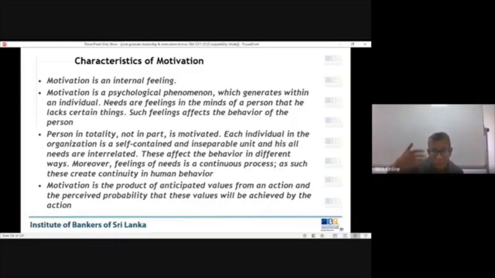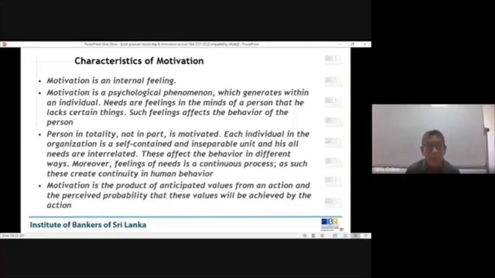Now, what we are trying to do by studying motivation is to identify what makes you change, what makes you behave in a certain way. If you can get people to behave in a way that is positive to the achievement of the organizational objective, right? Here we talk about a person in totality, not a part of a person.